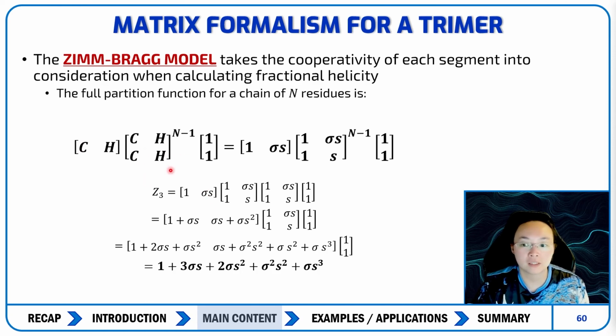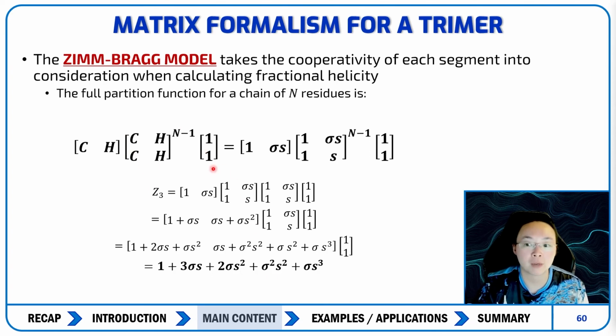Then you have the next 2x2 matrix, which is going to represent the monomers' conditional statistical weights. So there are 4 possible combinations of the CH together. So we had CC, CH, HC, and HH.